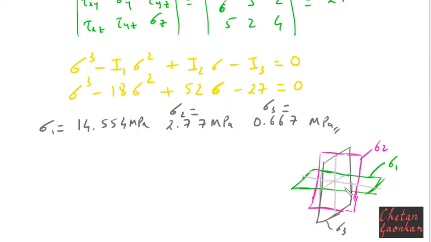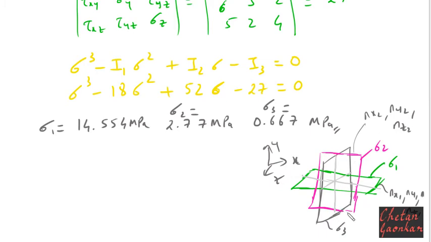Of all these three planes, we can find the orientation with respect to our x, y and z axes. The orientation of this plane with respect to x, y and z axes can be given as nx1, ny1 and nz1. Similarly, the orientation of this plane can be given as nx2, ny2 and nz2, and these nx, ny, nz are nothing but the direction cosines.